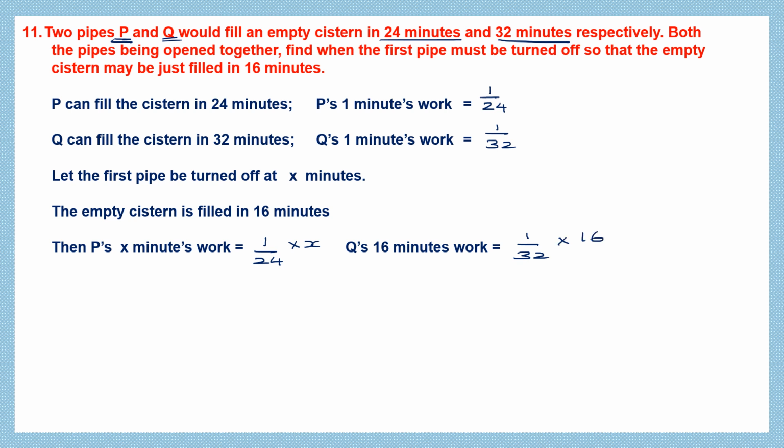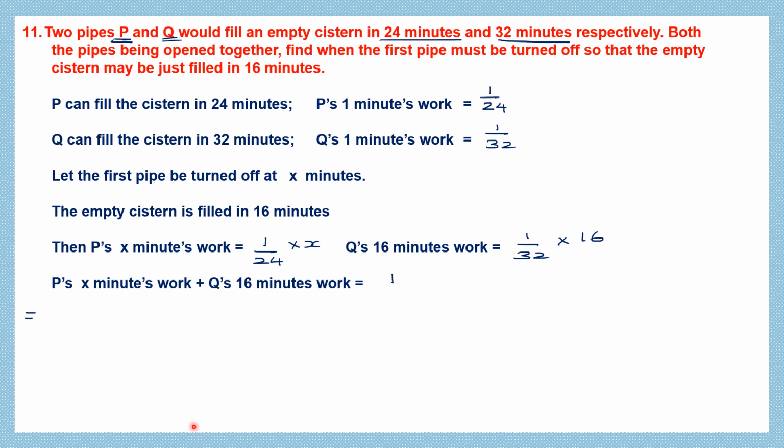So we have P's X minutes work and Q's 16 minutes work. When you add up both these, you get one whole. So P's X minutes work plus Q's 16 minutes work is equal to 1. The total work is always considered as 1. So now let's substitute.